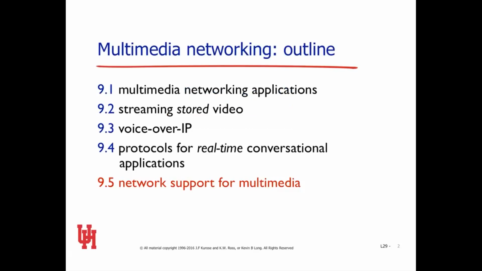All right, we've gone through looking at what the multimedia apps are. We took a long look at how to stream stored video, and I think you'll agree it's an easier way of transmitting information. Users may be impatient to see the data, but at least you can buffer and pre-process lots of versions of your file ahead of time, so you have one that's suitable for different transmission rates.